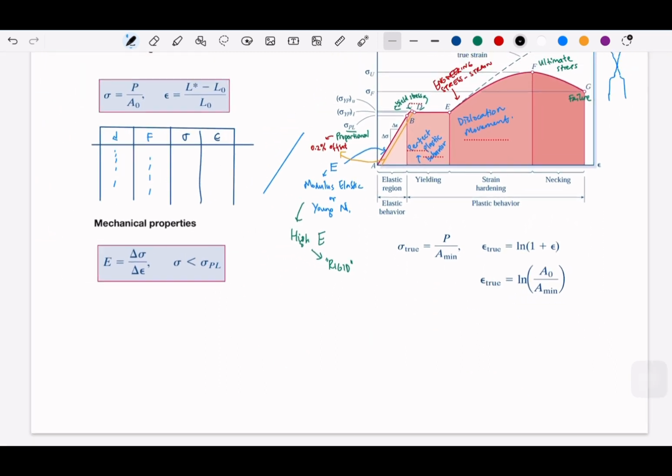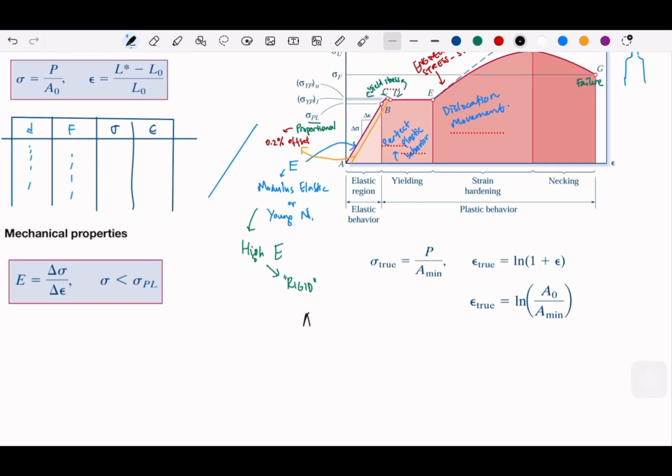Or let me write here, the A to B is elastic, which we get, or maybe let me write here on the left, which we get the E when the sigma is still below the proportional limit. The unit is usually in GPa, gigapascal.